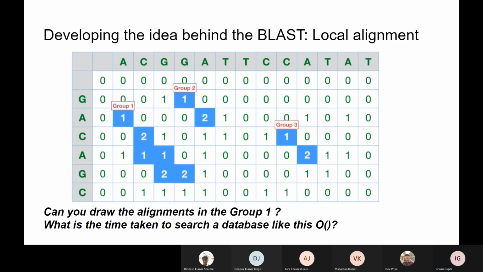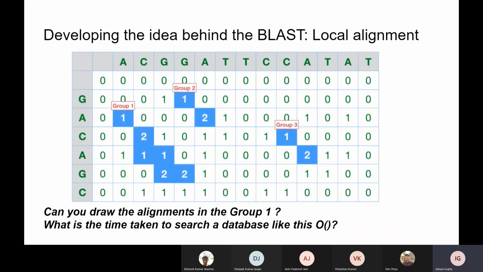Can you tell me the alignment that you would be getting, say, for group 3? What letters are going to be common for group 3? So C A A, and C, A and C, right?